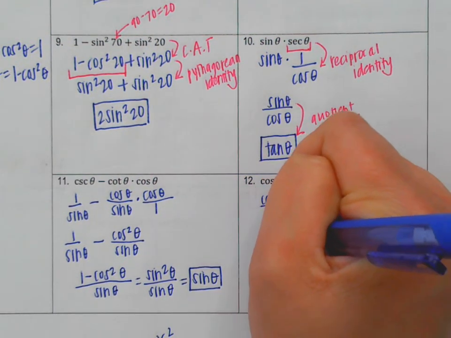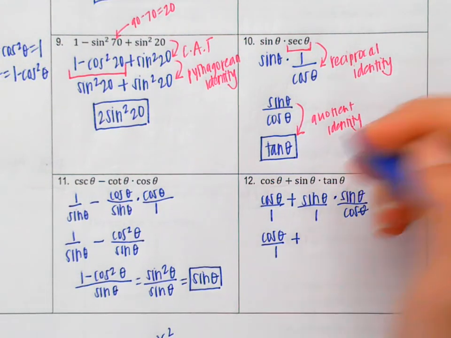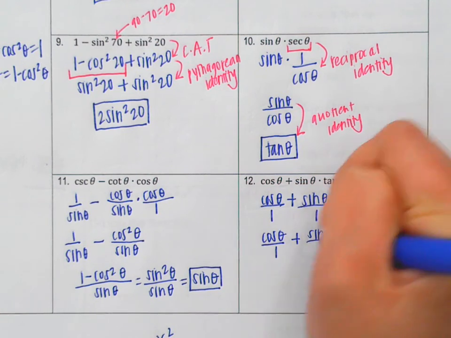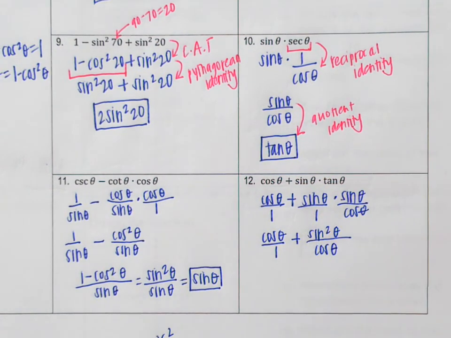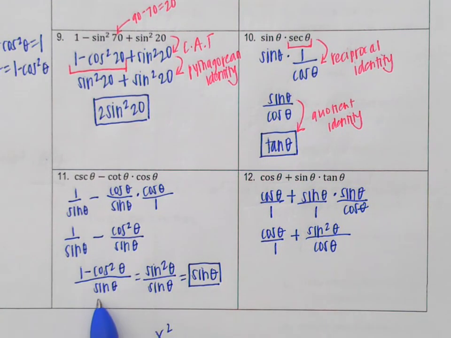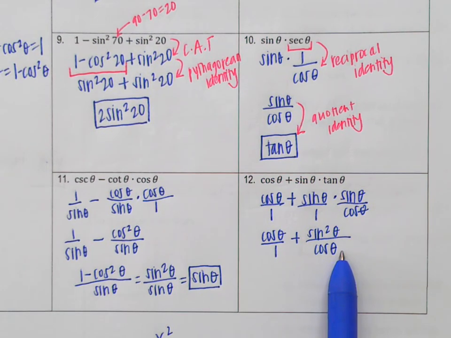So cosine theta over 1 plus sine theta times sine theta, just like x times x, is sine squared theta. And then 1 times cosine theta is cosine theta. Okay, so here is where it gets a little different, right? So before over here, we had a common denominator, so I could just combine it and write it. But here, I don't have a common denominator, so I can't.